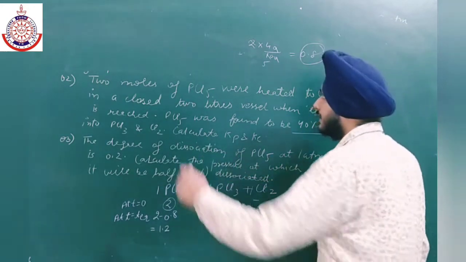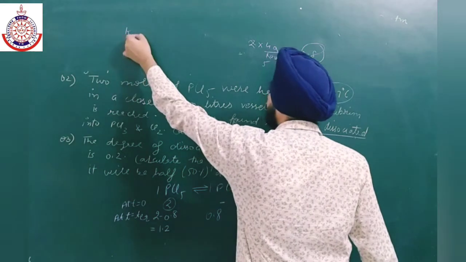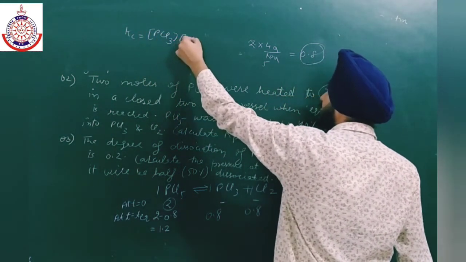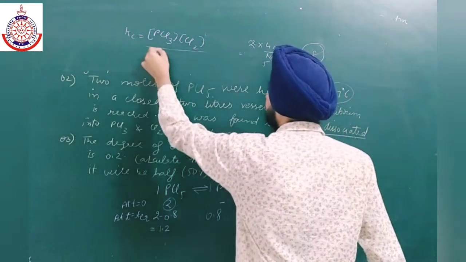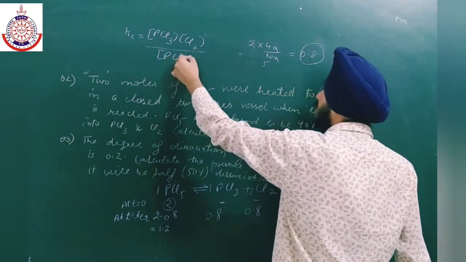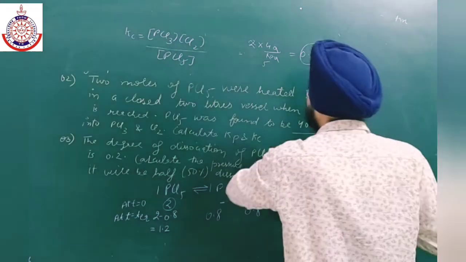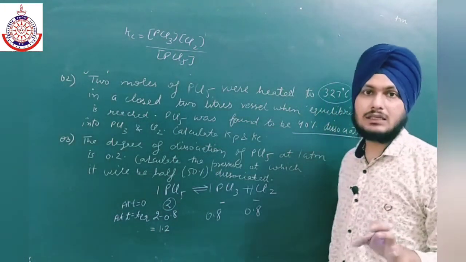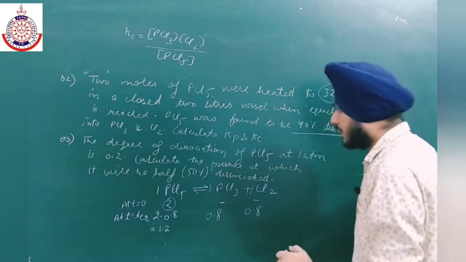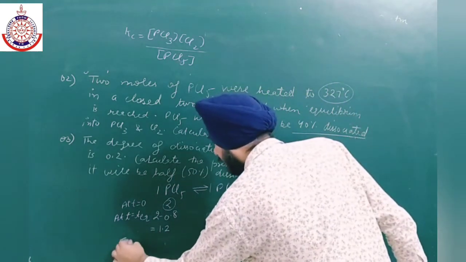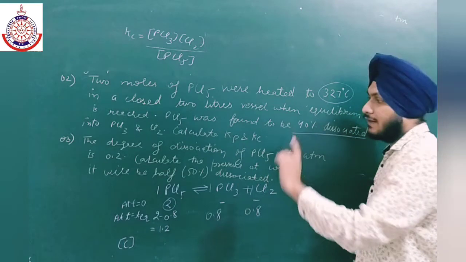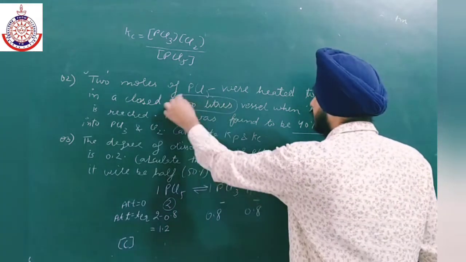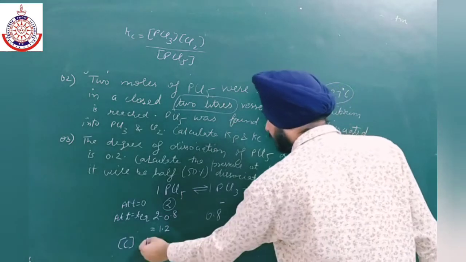Firstly we have to calculate Kp and Kc. Let us calculate Kc first. The expression for Kc is the concentration of PCl3 into the concentration of Cl2 divided by the concentration of PCl5. Firstly we have to calculate the concentrations. We just have to divide the moles by the volume. The volume is 2 liters, so simply divide all by 2.